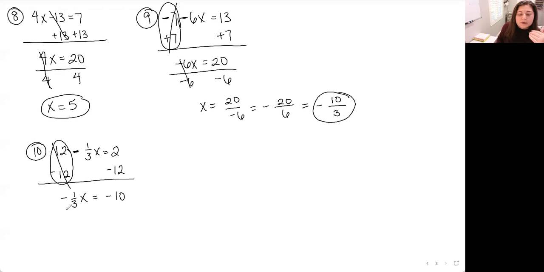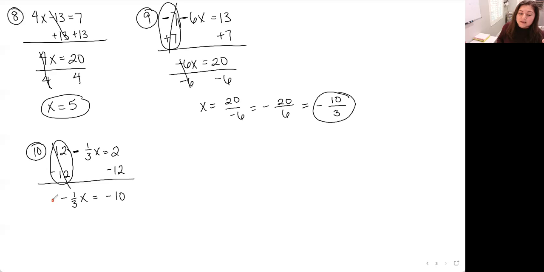Earlier on, we've been doing a lot of multiplication of x, 4x, -6x, and all the other x's. But one of the problems was a division problem, where we had to divide on both sides, because 1/3 of x is actually 1/3 times x. So now I want to divide by 1/3 on both sides.